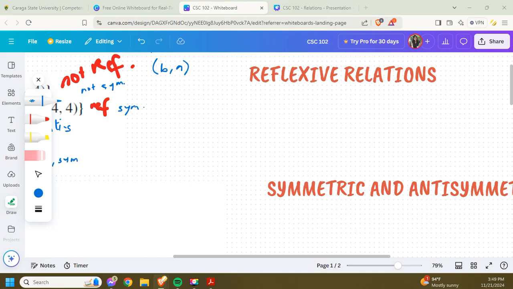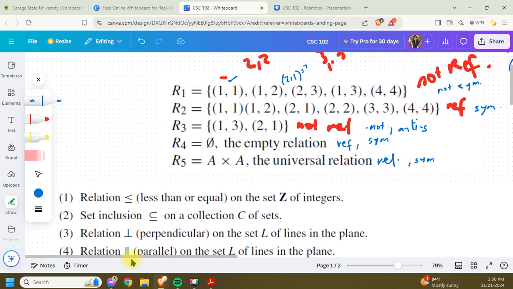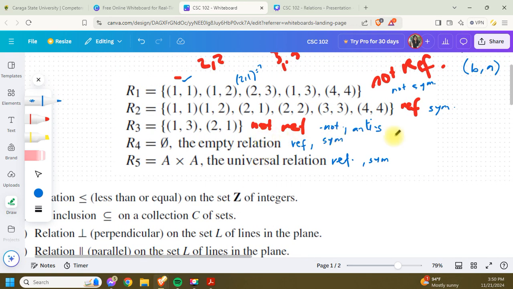Yes. I think R3, ma'am, is not antisymmetric, right, ma'am? Why is it not antisymmetric? Ay, okay. R3 is antisymmetric, not symmetric. Sorry for my writing. Not symmetric and antisymmetric. Okay? This is not symmetric, but this is antisymmetric.